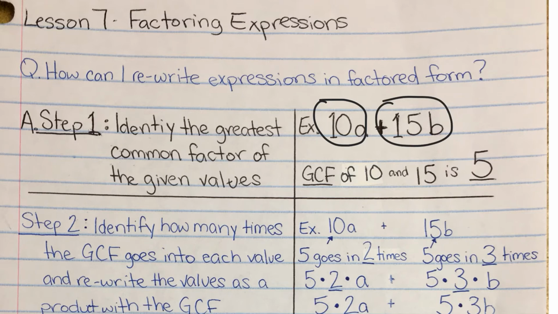Really, the numbers are the only things we can manipulate. So we have 10 and 15. What we need to do is identify the greatest common factor of 10 and 15, and we've done that down here. The GCF of 10 and 15 is 5. And we know that because 5 is the biggest number that can evenly go into 10 and 15. Okay, so step 1 is we pick out the GCF.